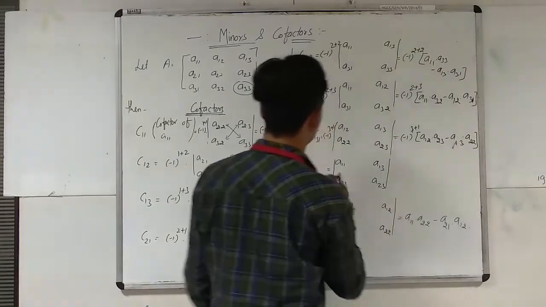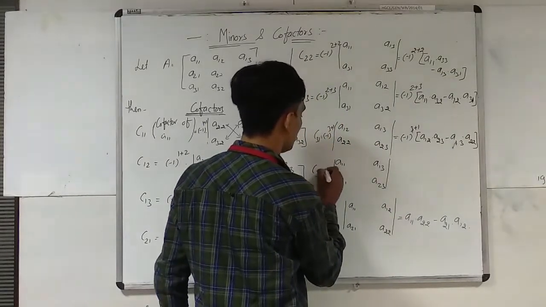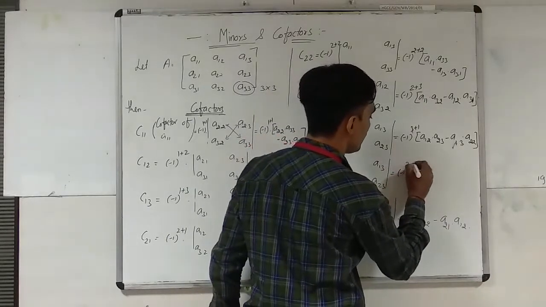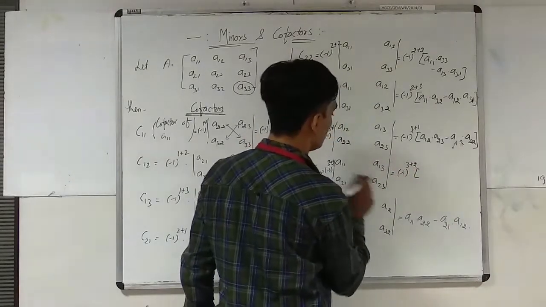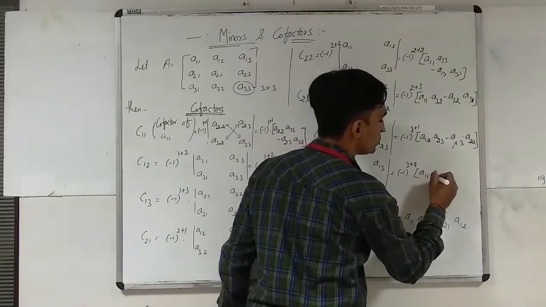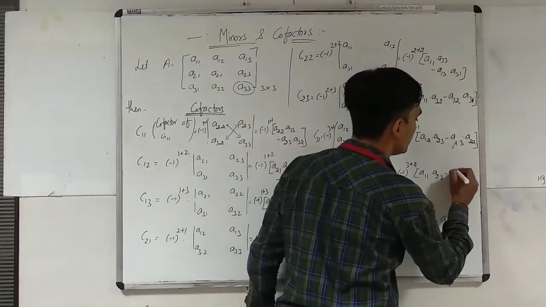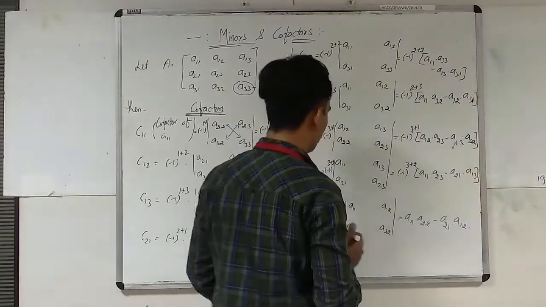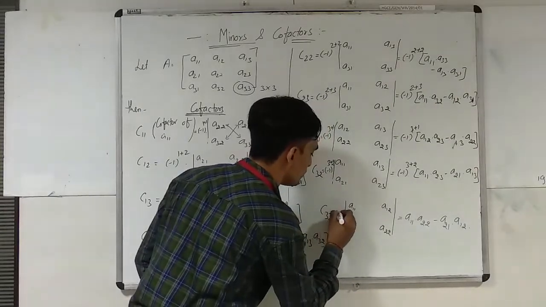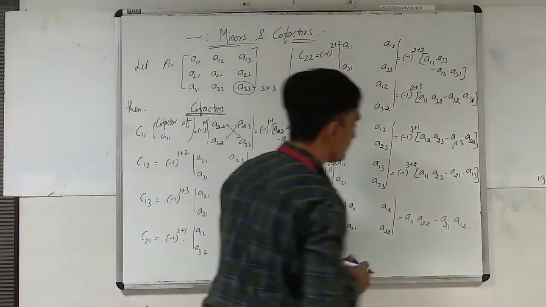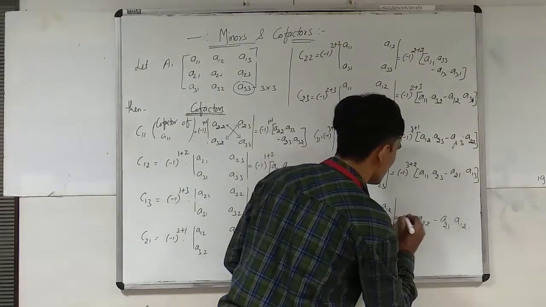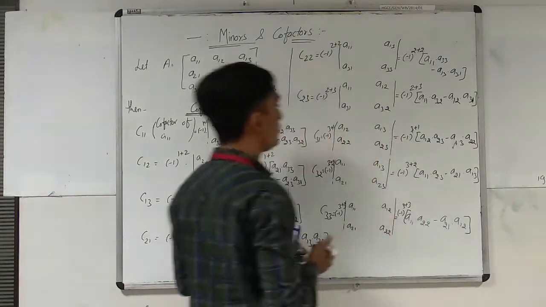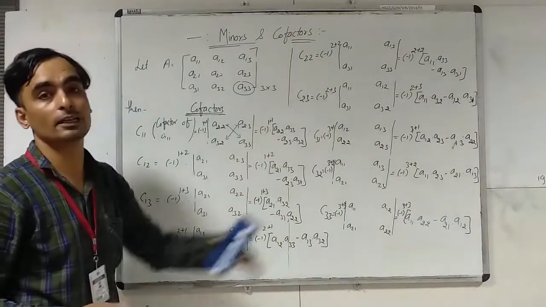Same way C32 is minus 1 power 3 plus 2 in bracket A11 into A23 minus A21 into A13. Same way C33 equals minus 1 power 3 plus 3. This way you can find out all minors and cofactors.